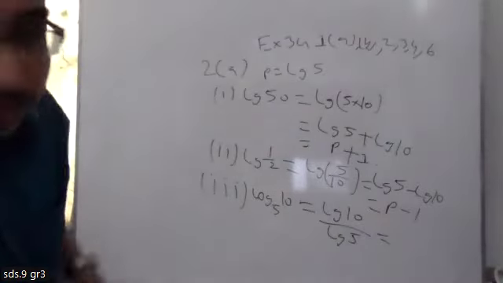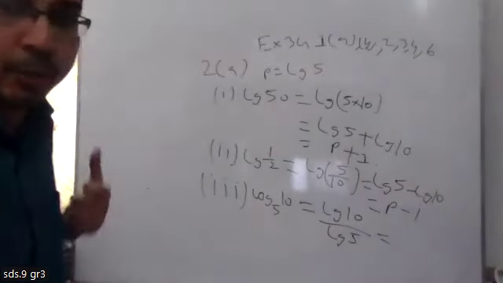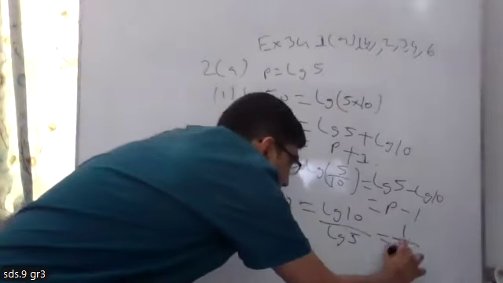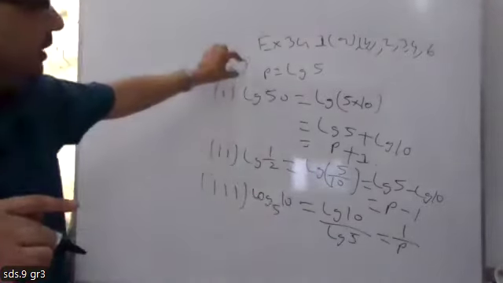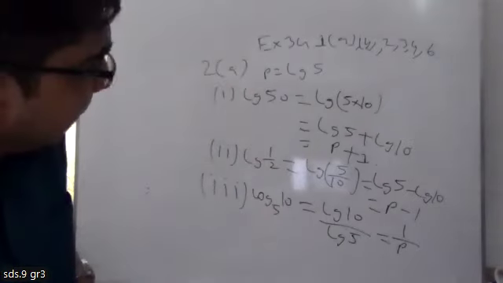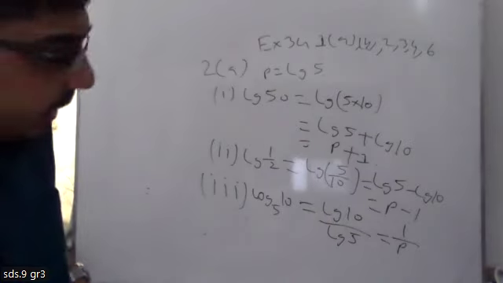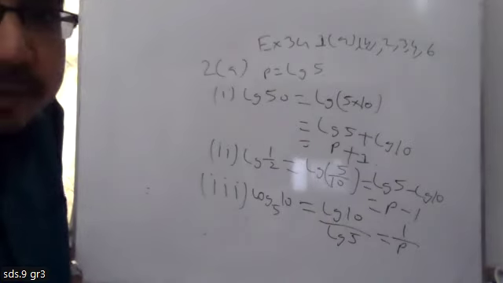Now LG 10 is what? From the previous two parts, we already know that LG 10 is 1. Divided by LG 5, which is P. That is how it has been defined. So log 10 base 5 is 1 by P. All right?